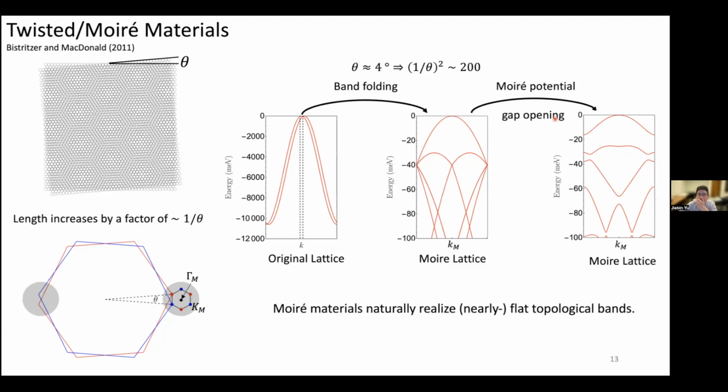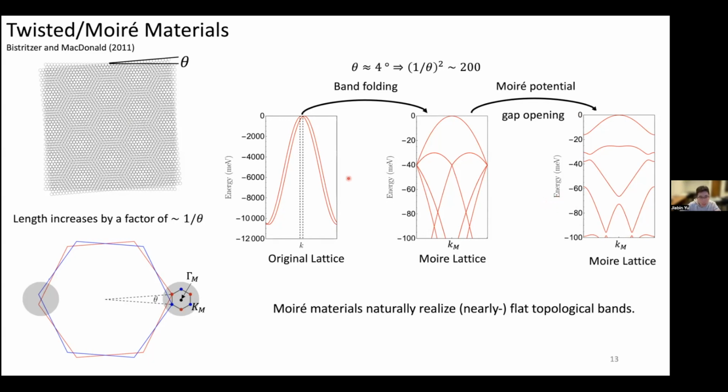This gap opening at the band crossing is extremely similar to the band gap opening at the transition between the topological insulator and the trivial insulator. So normally, some of the bands would be topological.